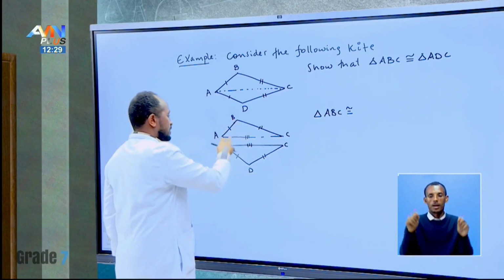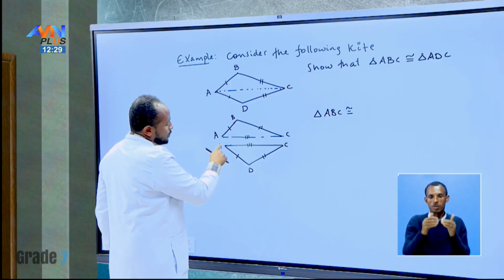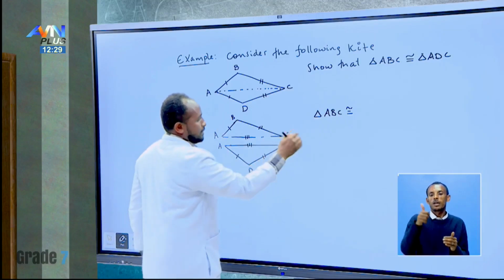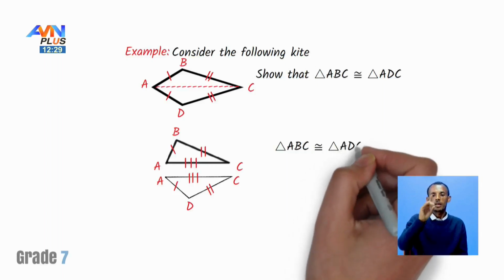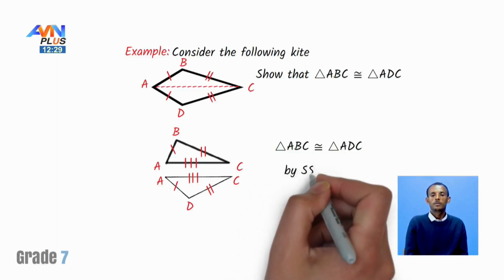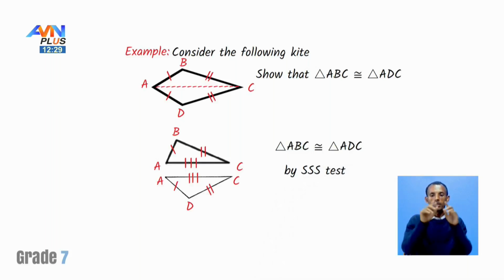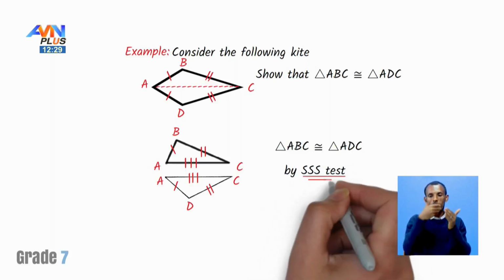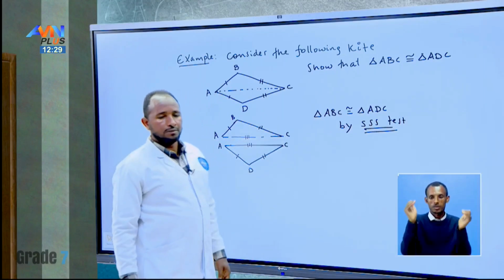So AB, this one is AD, BC is congruent with DC, therefore it's congruent to triangle ADC by side congruency test. That's it. Now let's proceed to the next congruency test.